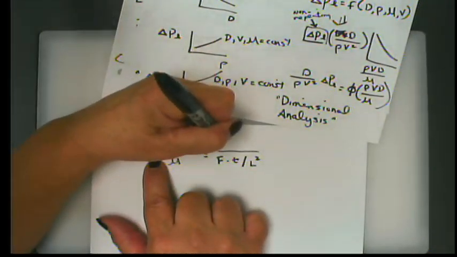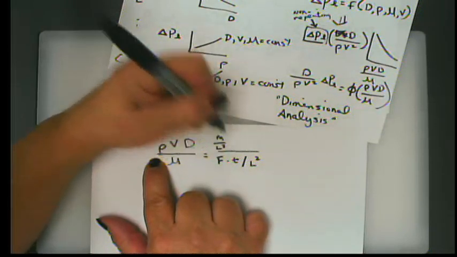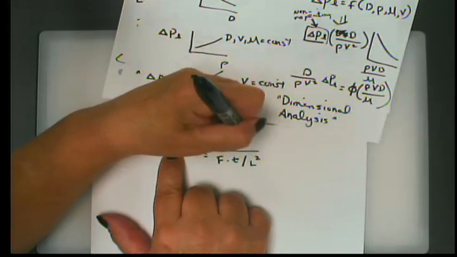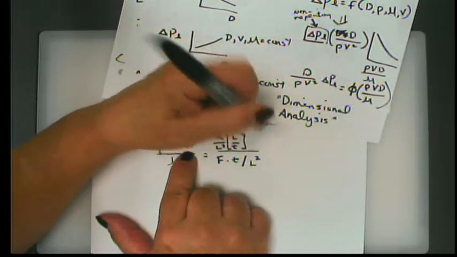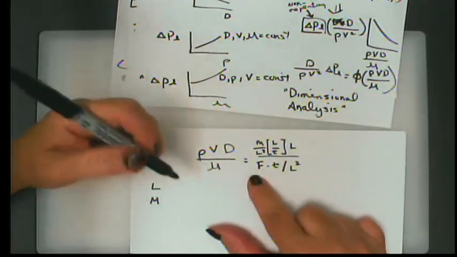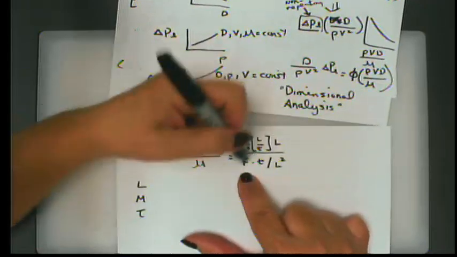And density is in mass per length to the third. Velocity is length per time. And diameter is length.